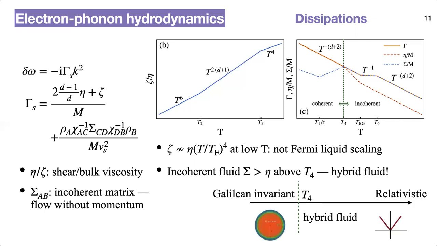So to sketch out the phase diagram of the temperature dependence, at low temperature it is the Galilean-invariant fluid, while above T4 we call it hybrid fluid. And at very high temperature it is governed by the relativistic phonon modes.